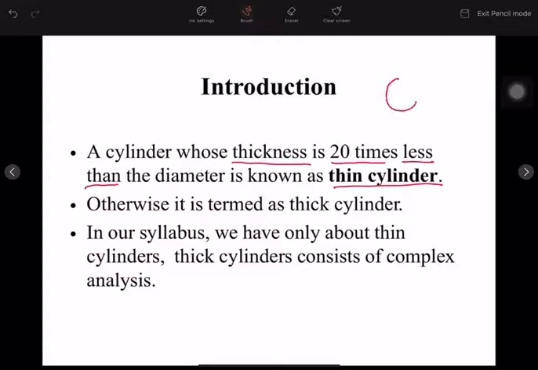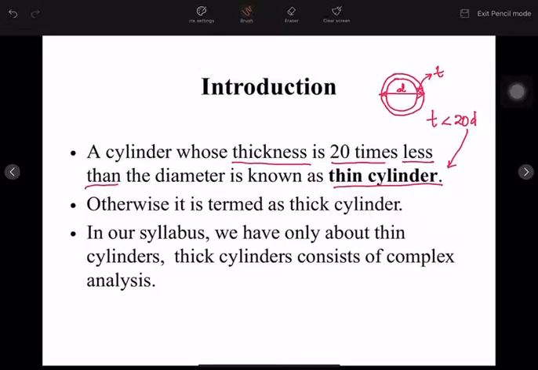If you roughly consider a cross section like this, with thickness small t and outer diameter small d, then according to the definition, if the thickness of the cylinder is less than 20 times of small d, we name it a thin cylinder.